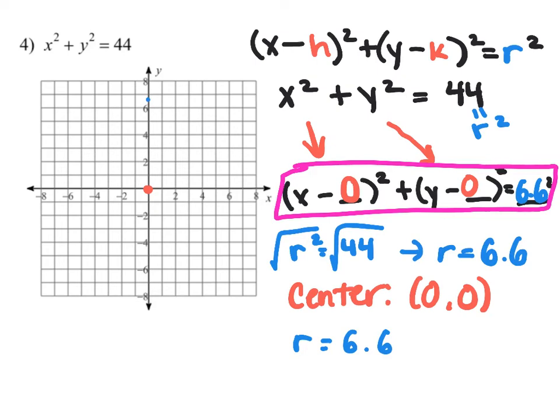Go over 1, 2, 3, 4, 5, 6, a little more than a half. Go down, and then to the left, the same way. And then do the best you can to draw in your graph. This would be an example of what we consider to be an equation of a circle centered at the origin because the center is at 0, 0.